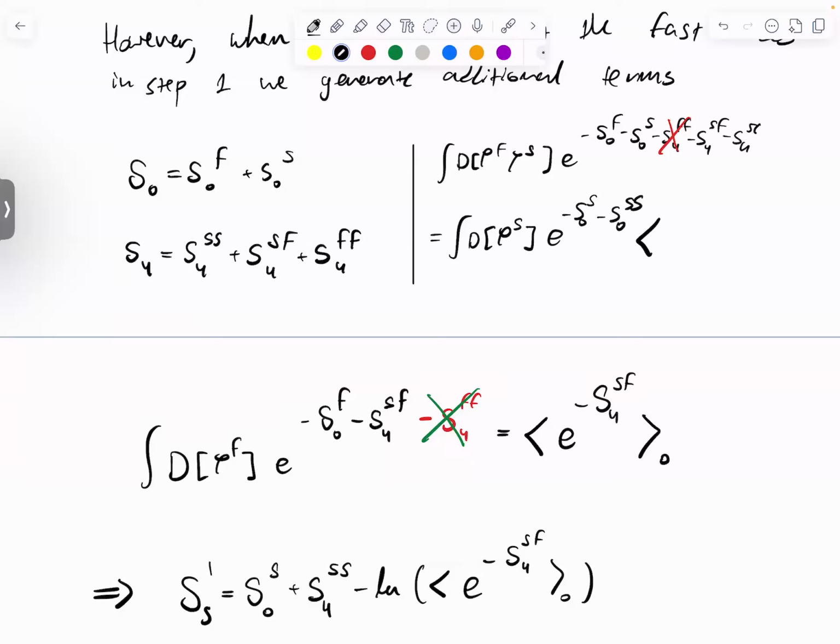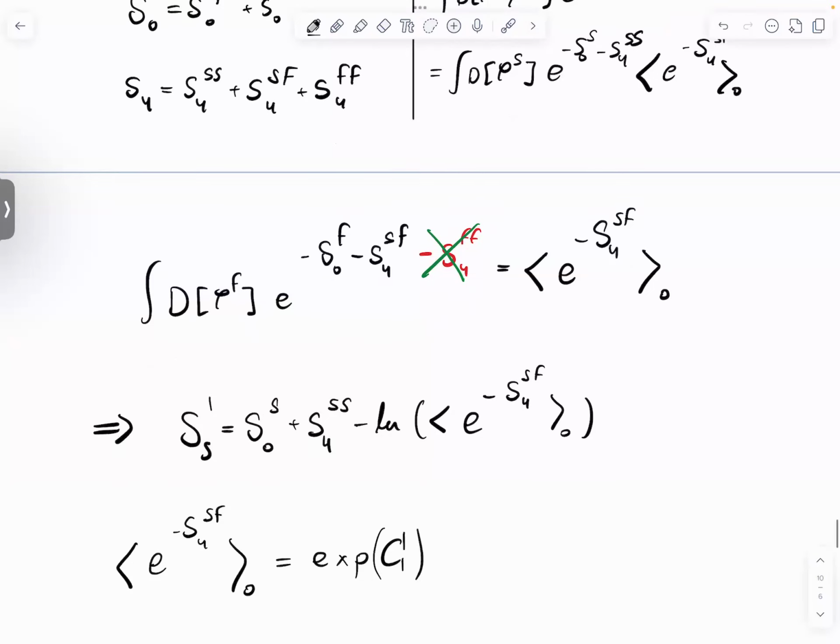Times this e to the minus S4 slow fast, with expectation value 0, and then I'm just re-exponentiating this, and then I get the effective action. This is this guy.